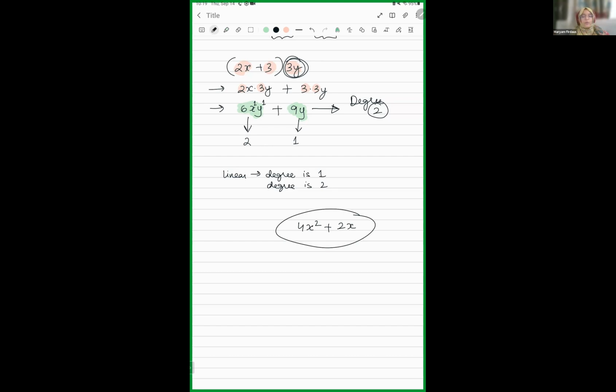If it is just 4x plus 2x, this is called a linear expression. But if it is 4x square plus 2x, it is called a quadratic expression. Is that clear? When the degree is 3, it is called a cubic expression.